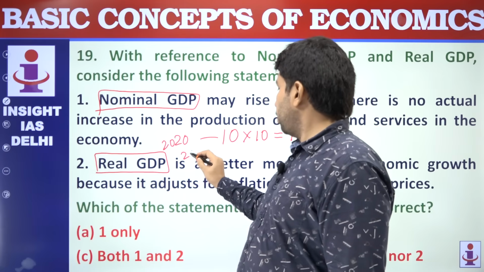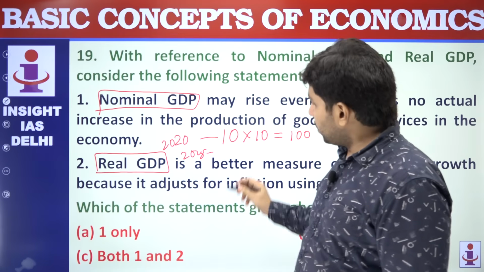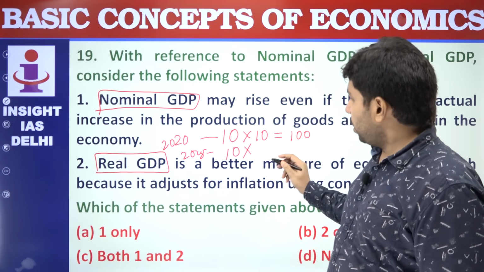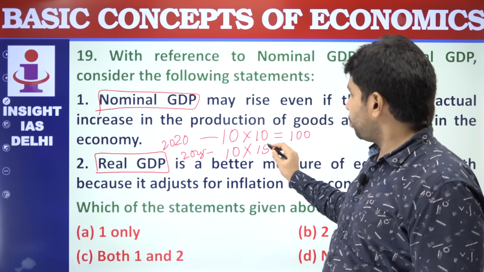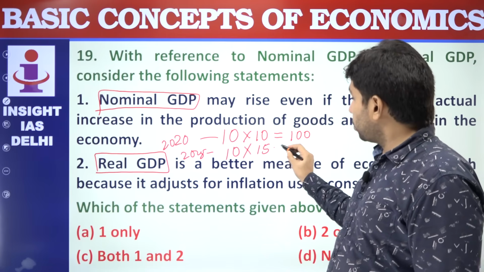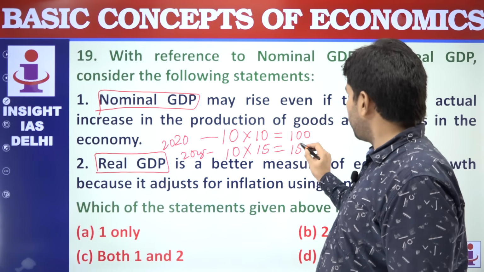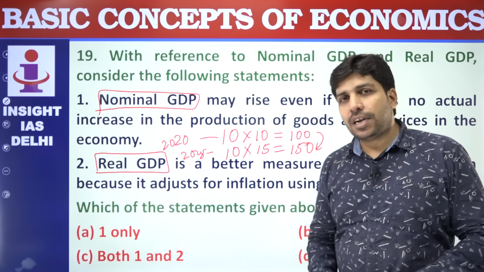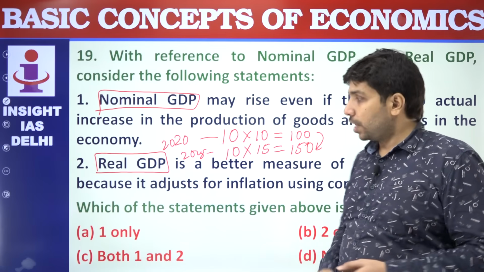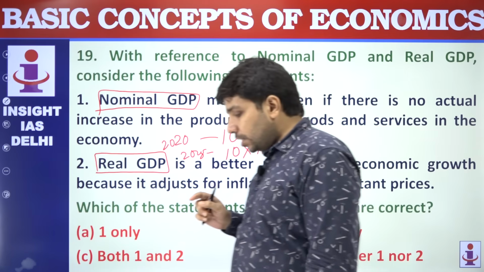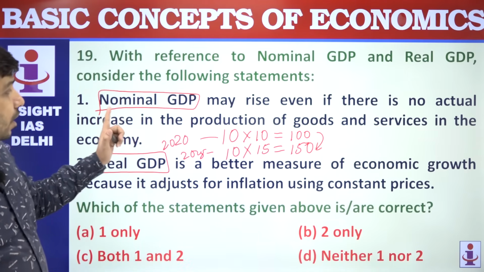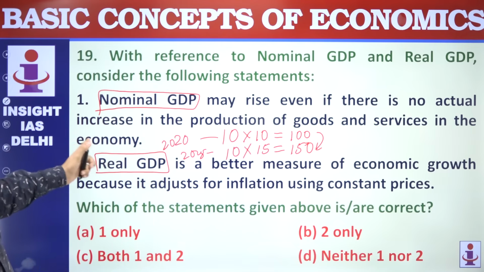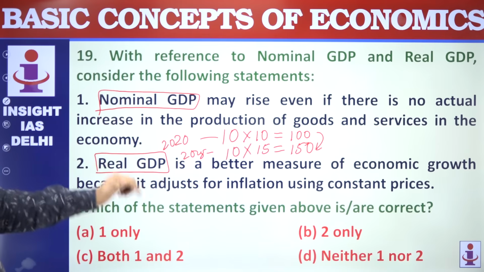In 2025, India is still producing 10 kg of rice, but the price of rice has increased to 15 rupees per kg. So the total output is 150 rupees. So there is an increase of 50 rupees. Can we say that the Indian economy has grown? The concept of nominal GDP says that nominal GDP may rise even if there is no actual increase in the production of goods and services in the economy.